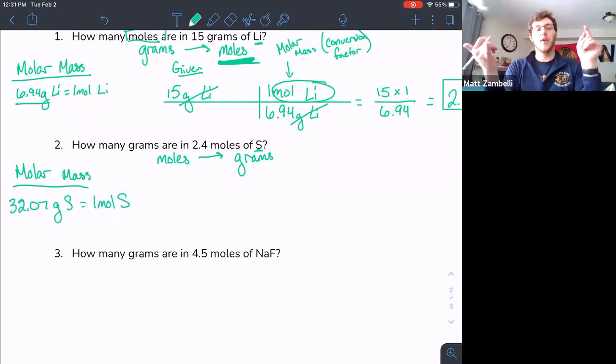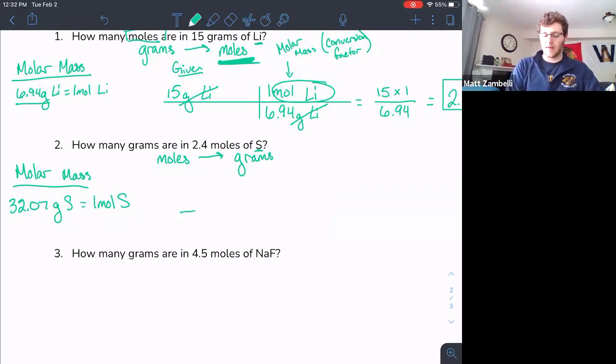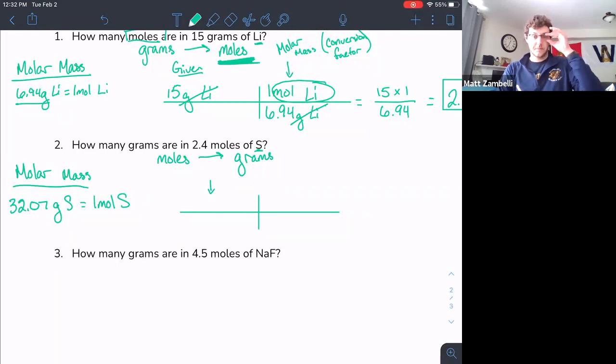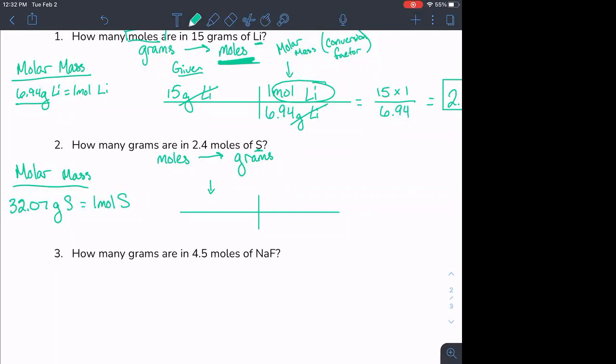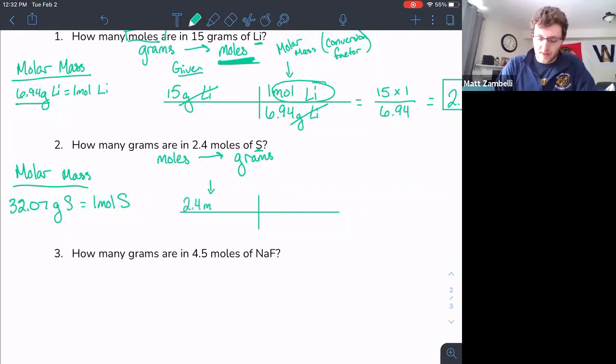All right, so now we know the pathway, we know the element's symbol or the chemical formula, we know the molar mass. We need to set up our railroad tracks. We have the 1 column again. All right, and what do we put in the top left? 2.4 moles of sulfur, because that's what we start with.